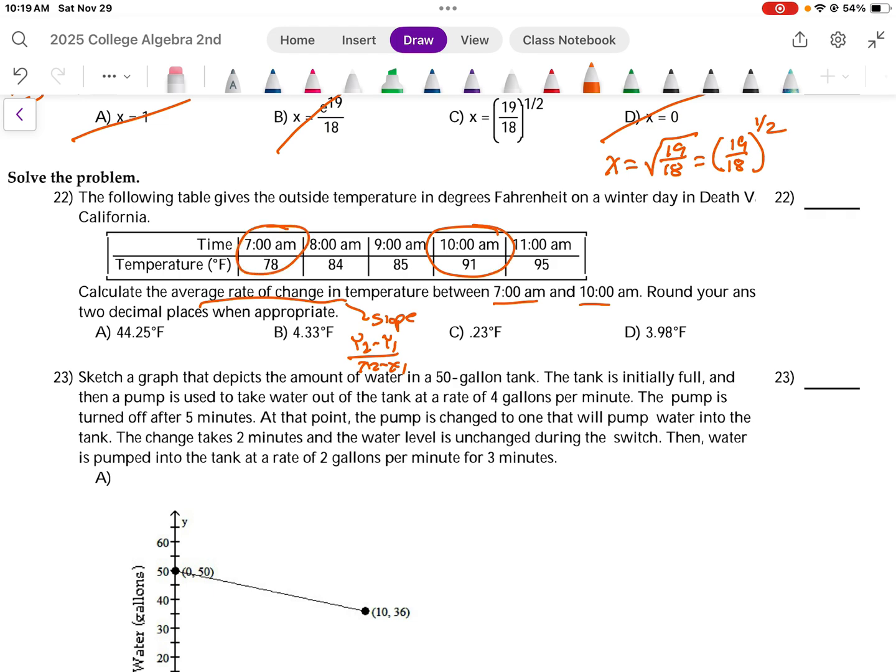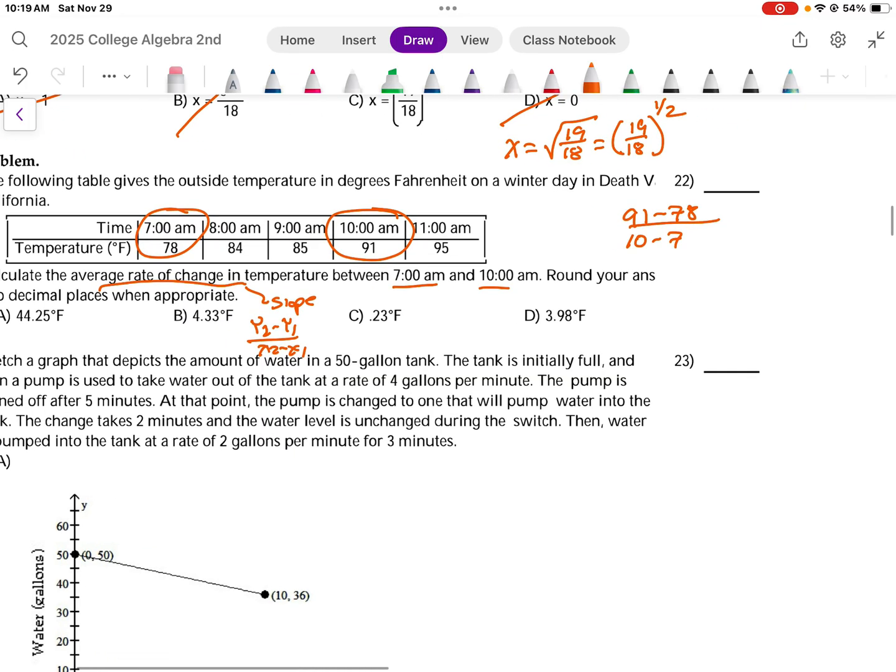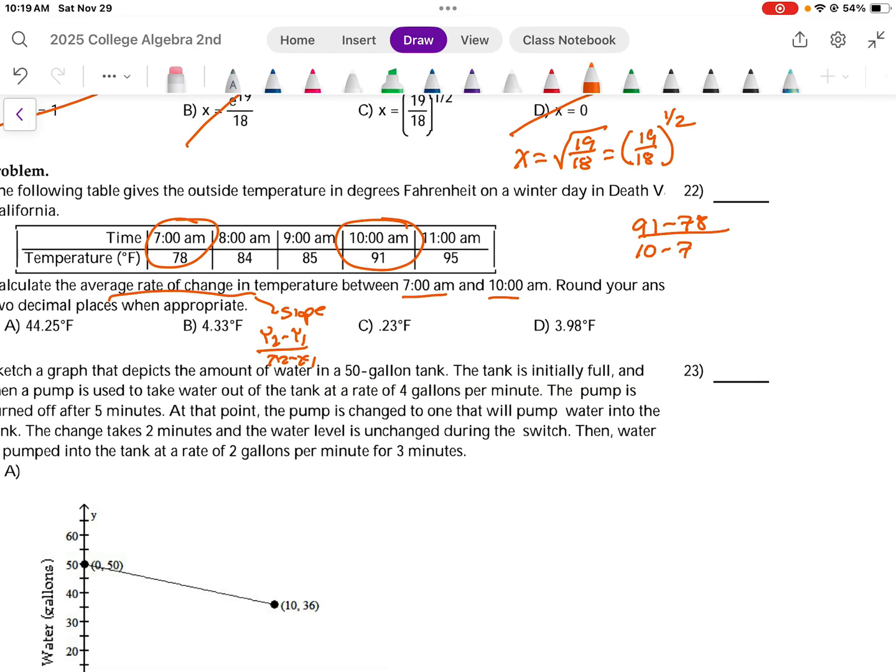We're going to go 91 minus 78 over 10 minus 7. That would be 13 over 3. And then 13 over 3 would be 4 1/3, which would be that B.